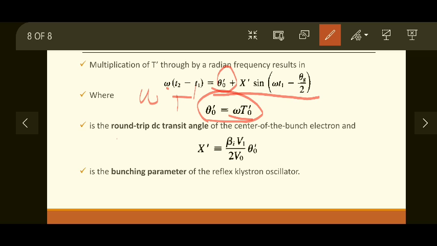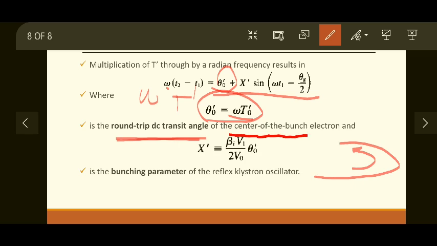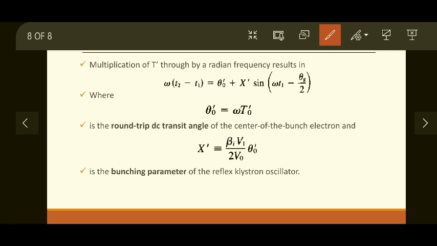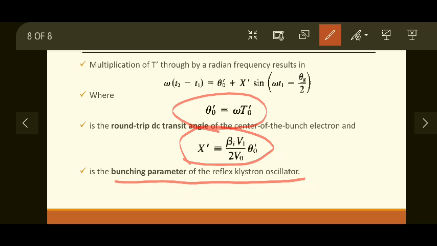It is called round trip DC transit angle. Okay, so this angle is known as round trip DC transit angle of the center of the bunch electron, and x dash is the bunching parameter of the reflex klystron oscillator. Okay, so these are also important parameters while designing a reflex klystron.